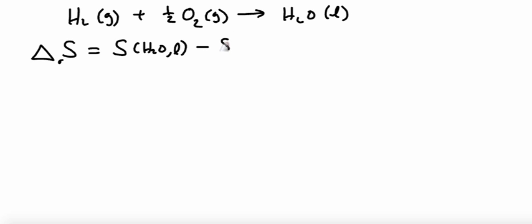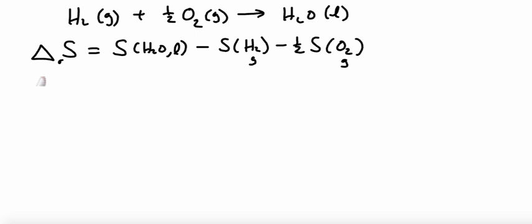We subtract the entropy of the hydrogen gas, and we subtract 1/2 of the molar entropy of the oxygen gas. Okay, actually I didn't put my physical states in there. Let's put those in here that we're talking about gas.